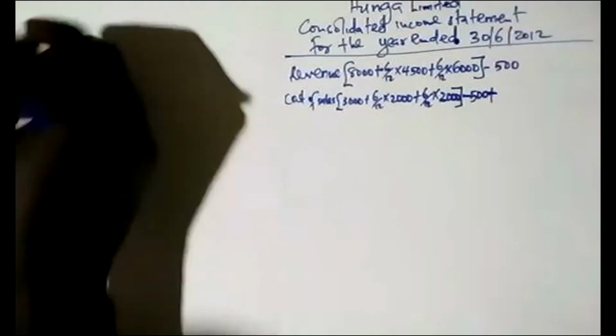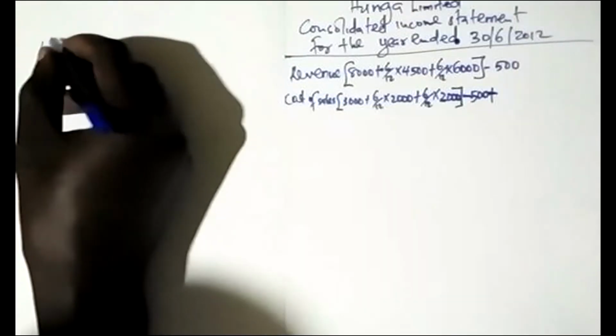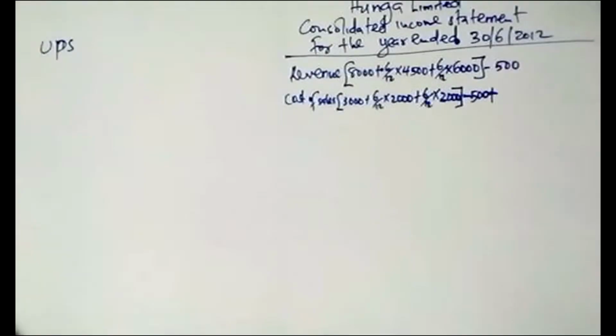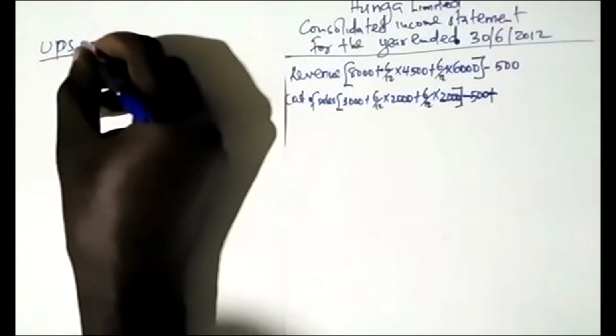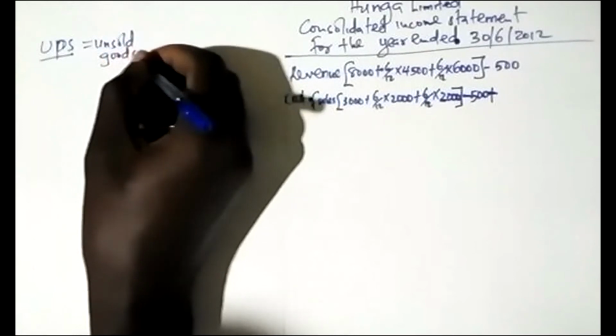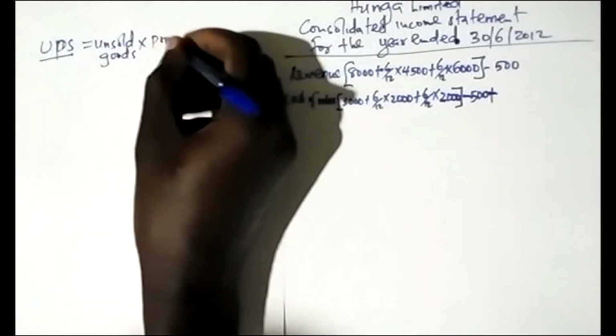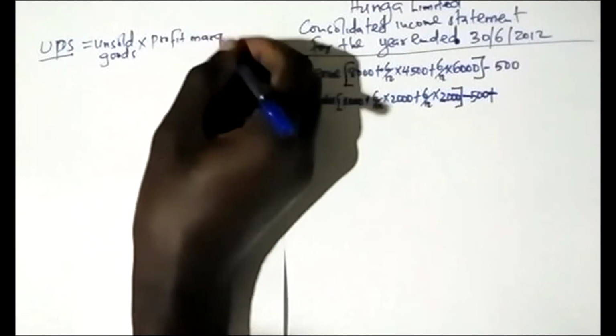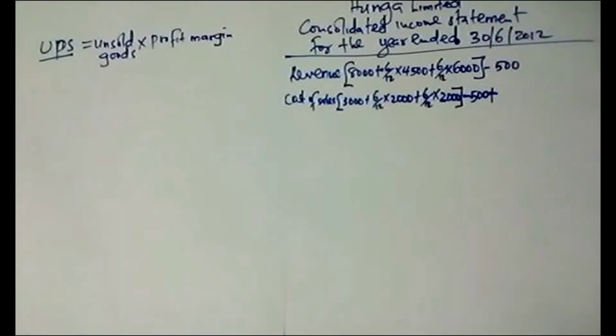So let us check for the unrealized profit out of those goods of 500. So the UPS, that is my first working. It will be unsold goods times profit margin. Remember that these goods of 500 were sold to Shujaa, but Shujaa by the end of the year never resold a half of the goods.